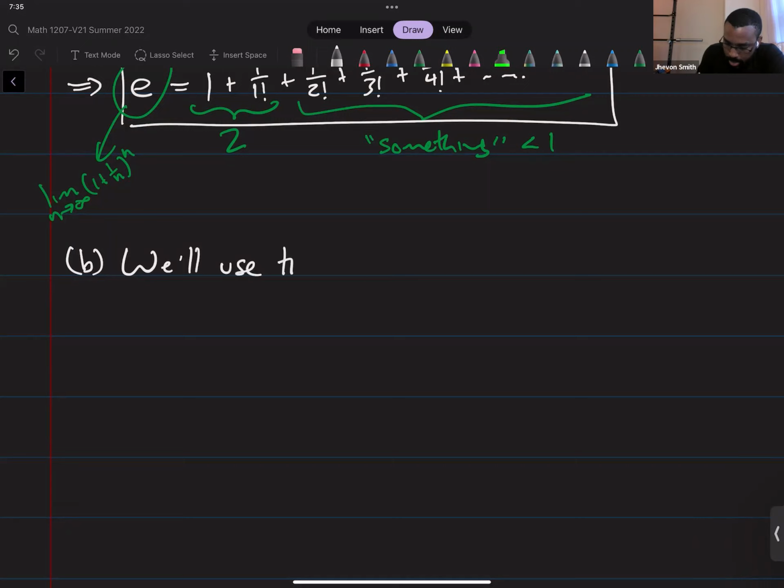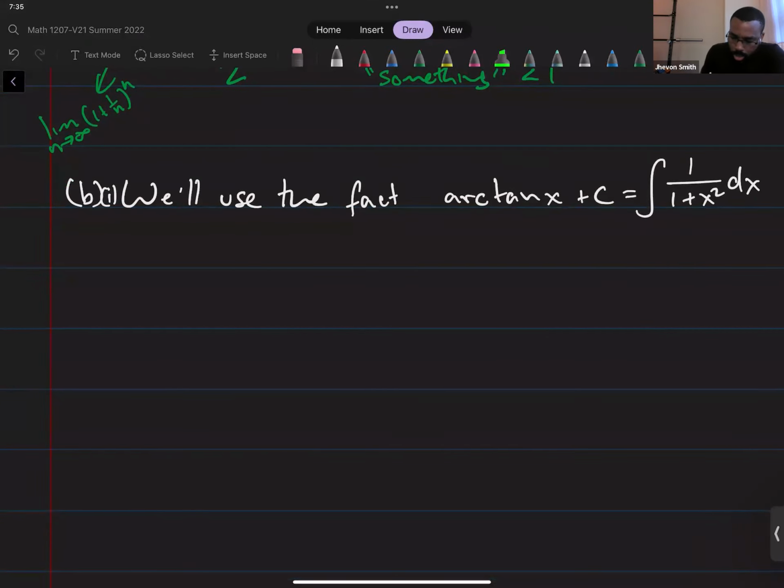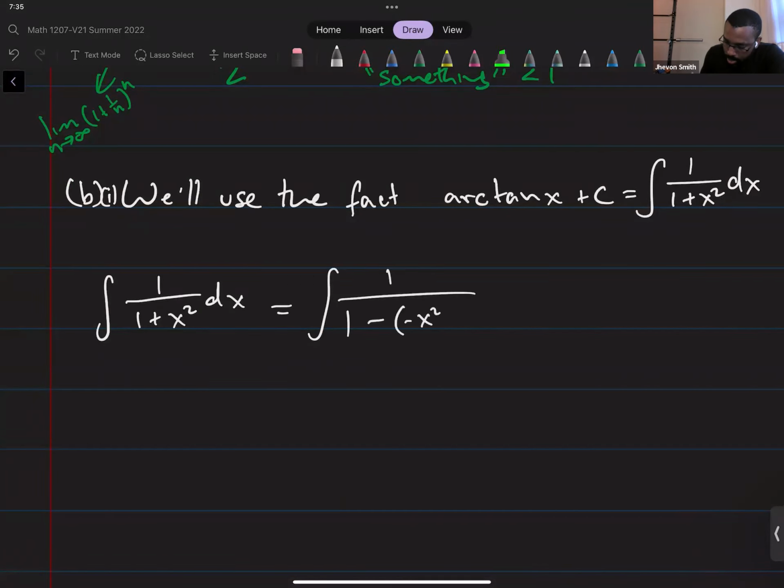So we'll use the fact, this is part 1, that arctan is this integral. All right. So we have this integral. I can write it as 1 over 1 minus negative x squared.